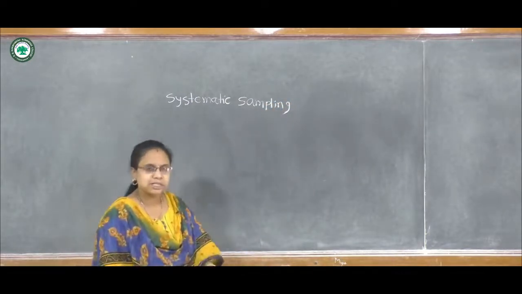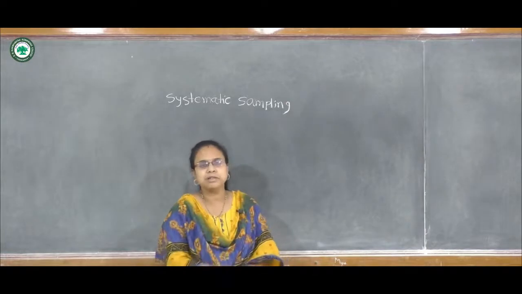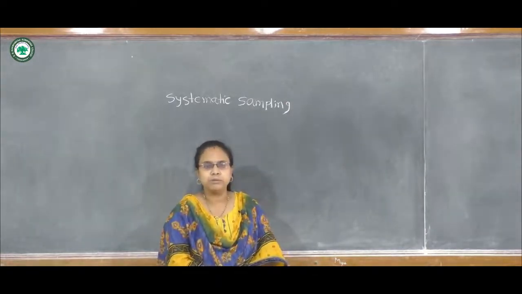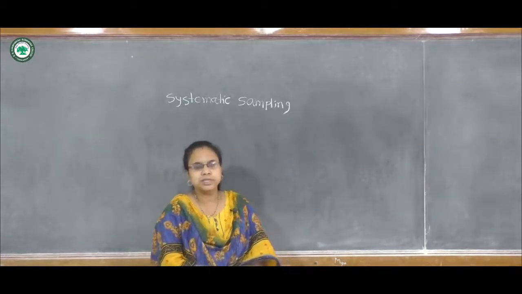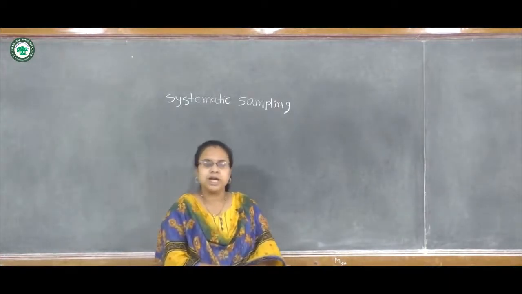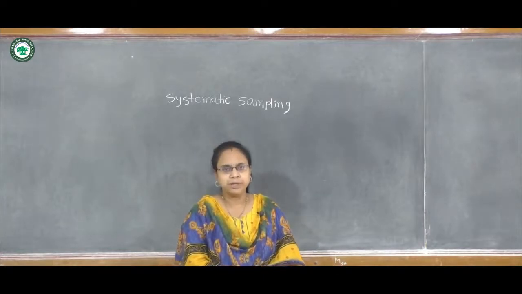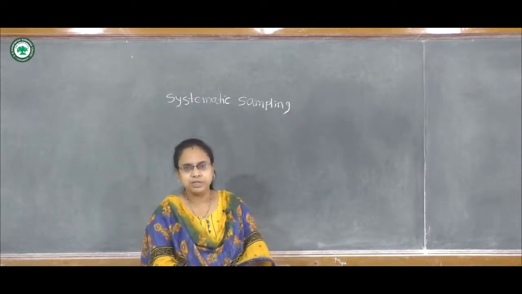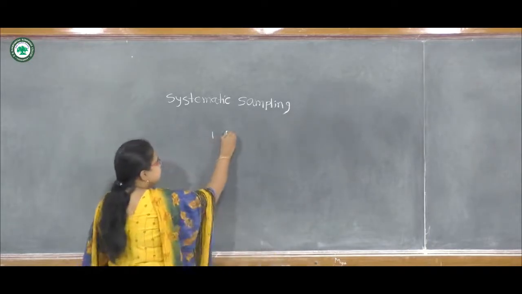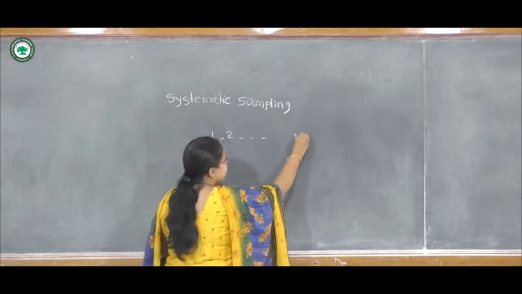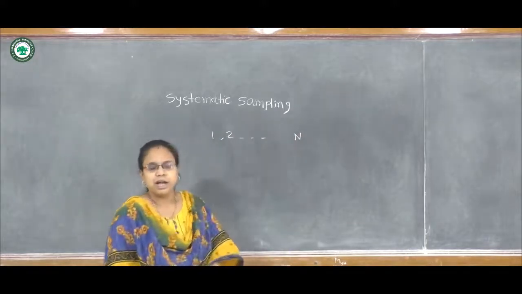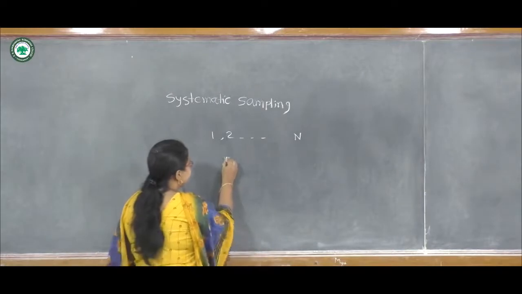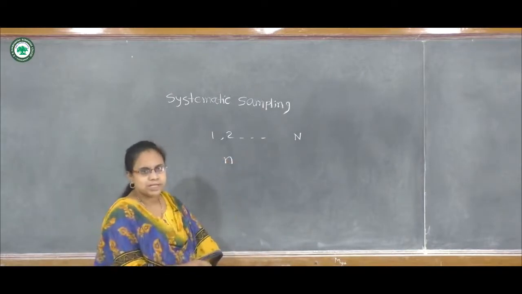So, as the name suggests, it has a systematic way to select the sample from the population. This method tells us that suppose we have a population of capital N units, then we arrange these capital N units in the order 1 up to N. And suppose we want to select the sample size small n. So this is our required sample size.